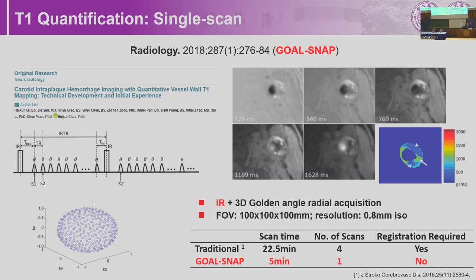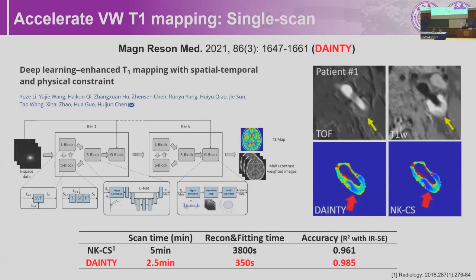Because every radial line goes through the center, we can acquire different TI times, and through reconstruction do a mapping from it. To further facilitate the clinical usage of this technique, we further developed an AI-enhanced reconstruction, which we call Dante, and we can further shorten the scan time and shorten the reconstruction and fitting time.